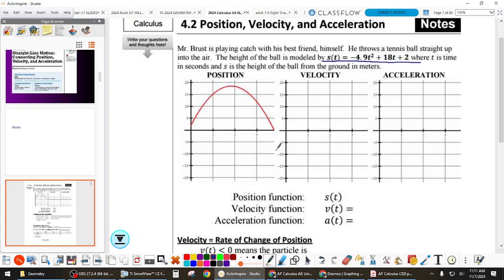What would the velocity function look like? Or graph? Down. Why? Because it starts going up, but then gravity makes it go slower, so it goes down. I don't know if you remember this form of equation, but the 18 is our initial velocity. So whatever we threw it up with.